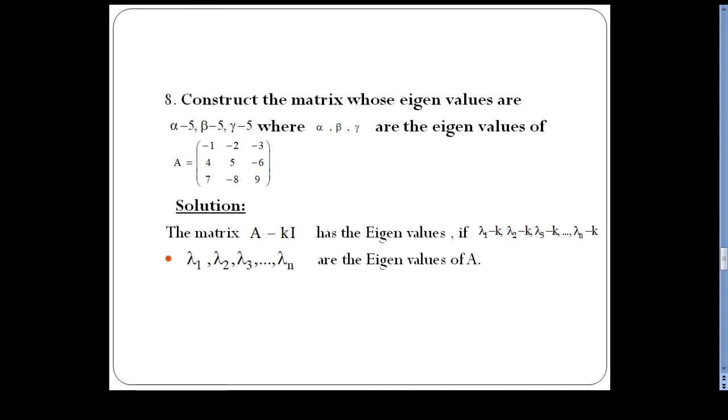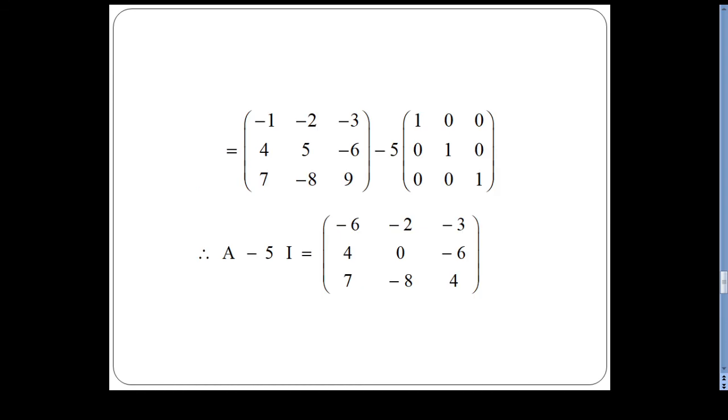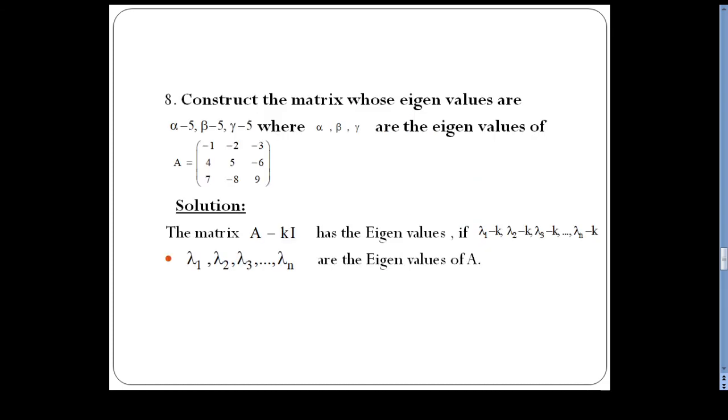What is k here? The k is nothing but the constant 5. So we have to calculate A minus 5I, that is the A matrix minus 5 into the I matrix. On simplifying, we get A minus 5I equal to this matrix with minus 6, minus 2. So this is the matrix which has eigenvalues alpha minus 5, beta minus 5 and gamma minus 5.